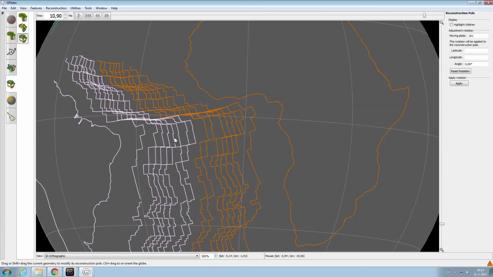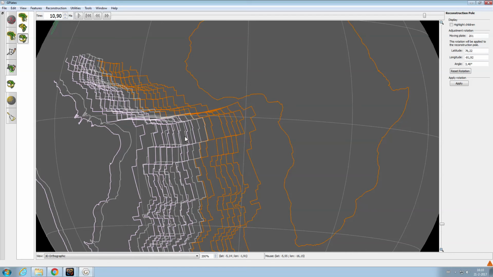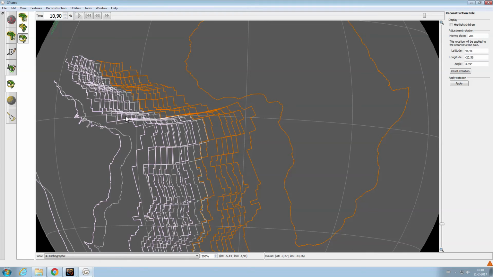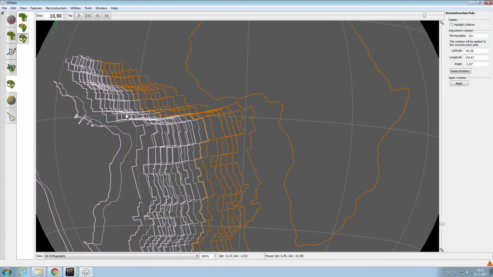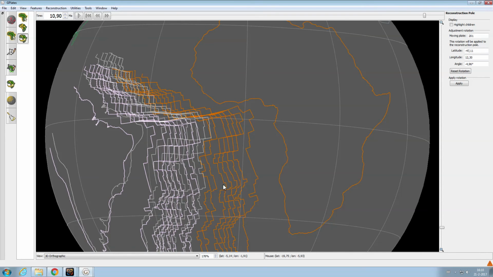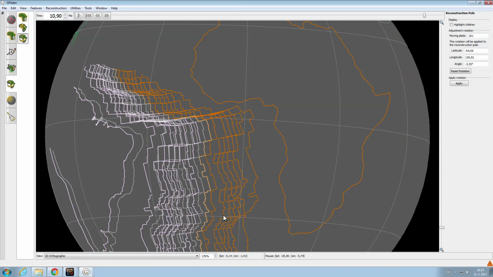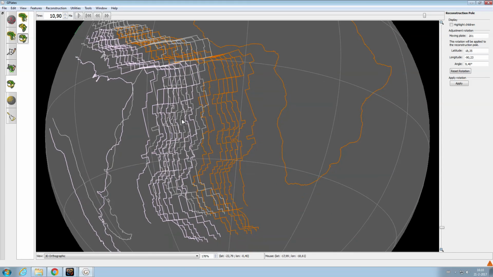So now I'm going to start dragging South America to place those 10.9 Ma anomalies on top of each other. If you want to rotate, you have to hold Shift. I'm just going to search for the best fit.